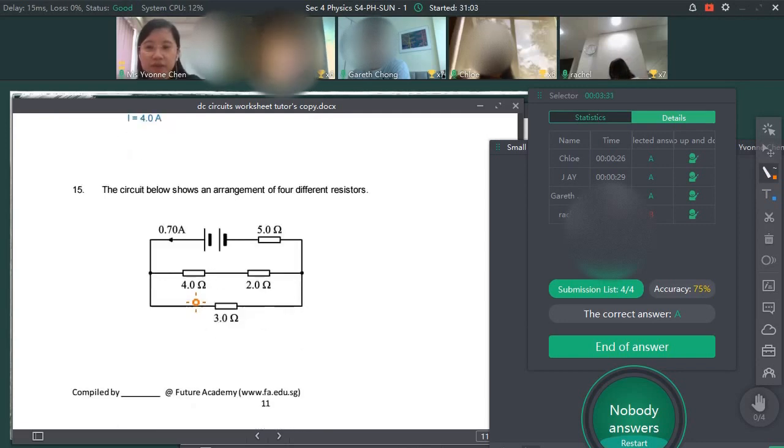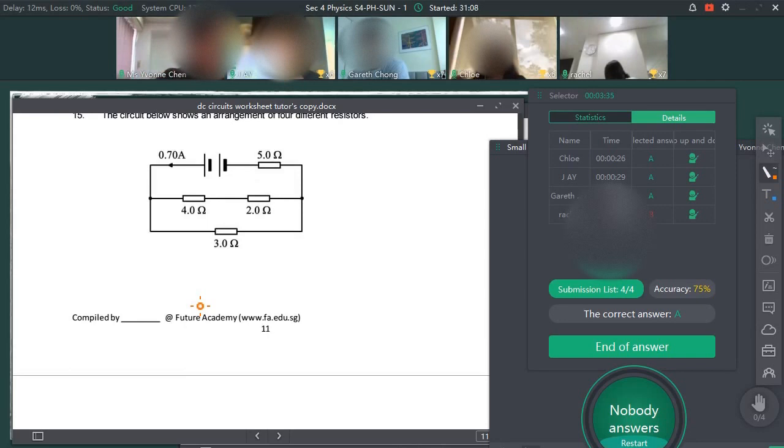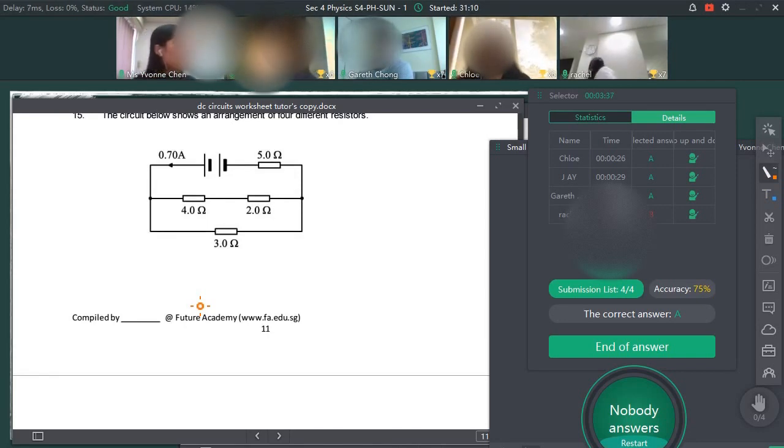Okay, question 15. That's a circuit. Let's look at it.